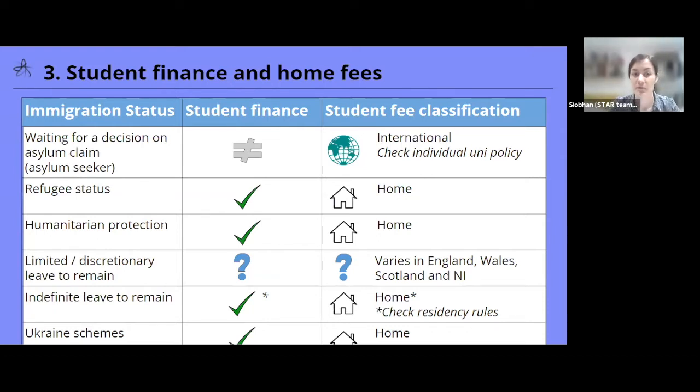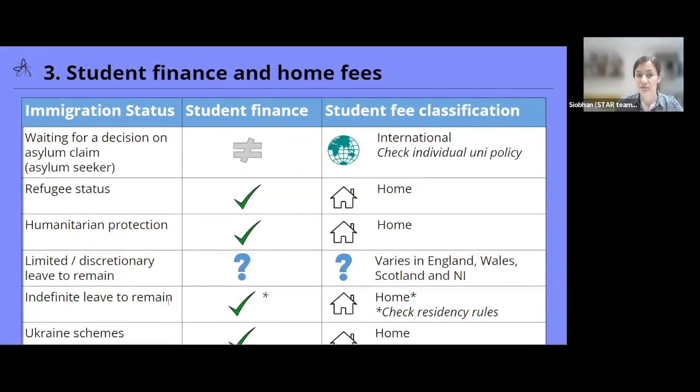The same for humanitarian protection. If you've been granted a different form of limited or discretionary leave to remain, for example, under Article 8, it's important to check the rules of where you are resident because this varies quite a lot between England, Wales, Scotland and Northern Ireland. So have a look at the links I mentioned in the applicant pack from UCAS and gov.uk to check the rules where you are.